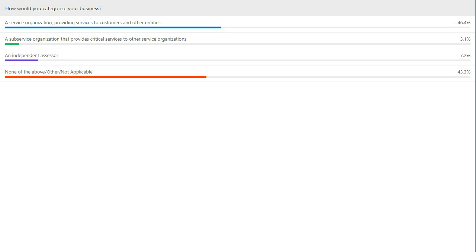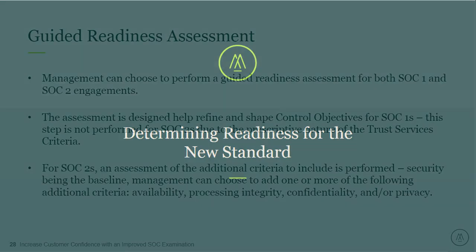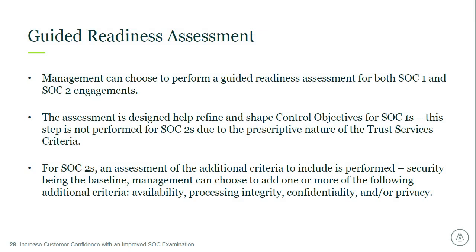So now we're going to move into readiness assessment. We've talked about the different elements of the report, and now we're going to talk about how you prepare for your initial SOC report. Readiness assessment is what you do typically.